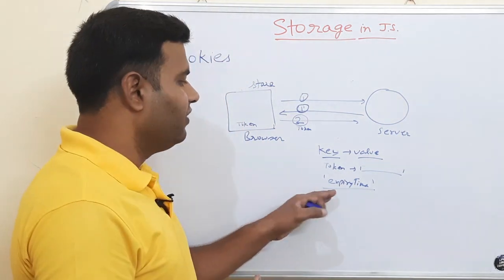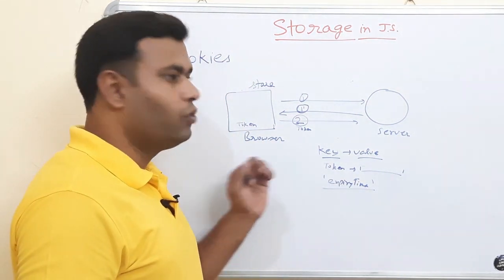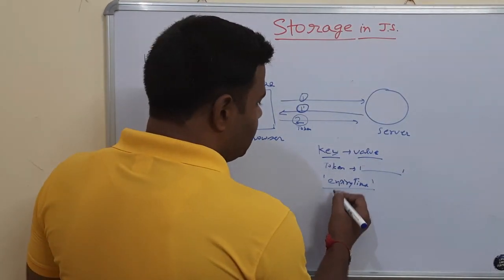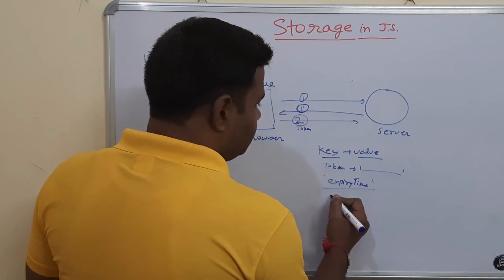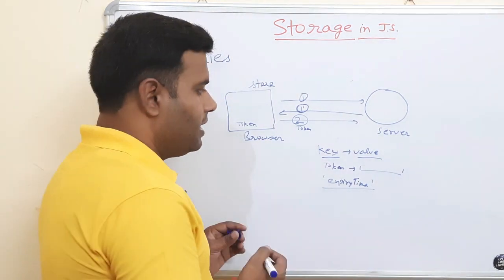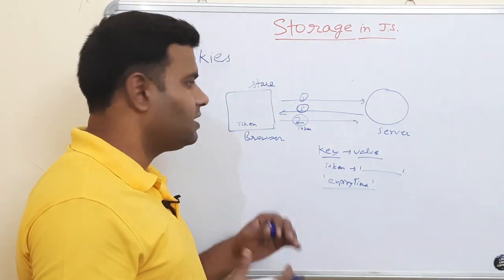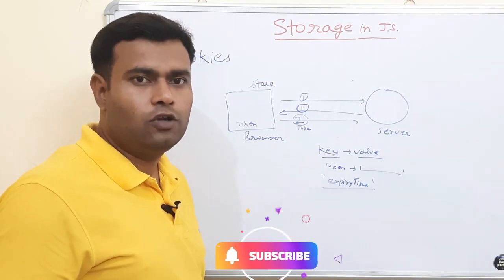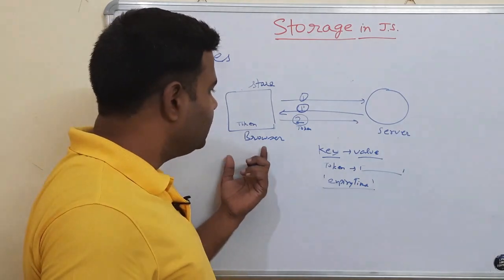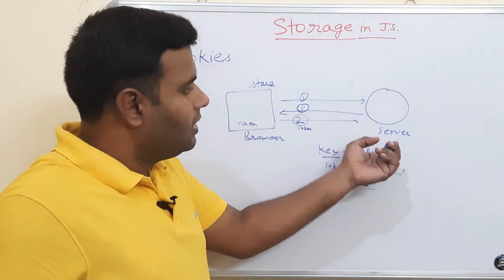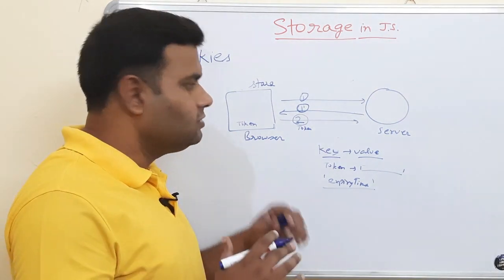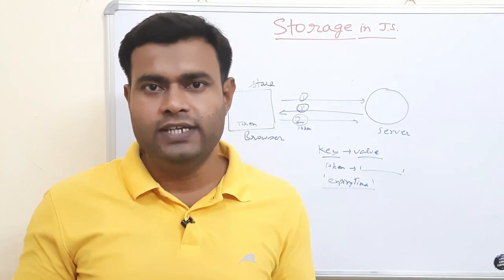So the browser itself clears this cookie. Some cookies are mandatory, some non-mandatory cookies are also there. So based on that, we can have a few attributes, and these attributes will be sent again to the server, or the browser interprets some of them so that it can handle these cookies. So this is all about cookies.